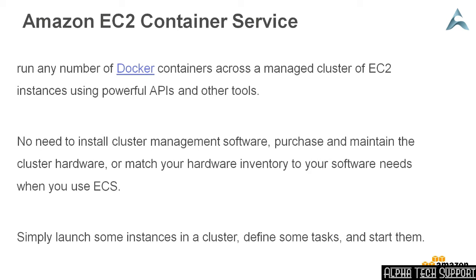You can run any number of Docker containers across a managed cluster of EC2 instances using a powerful API and other tools. The multiple number of Docker containers can be managed with the EC2 container service, which is easily managed.